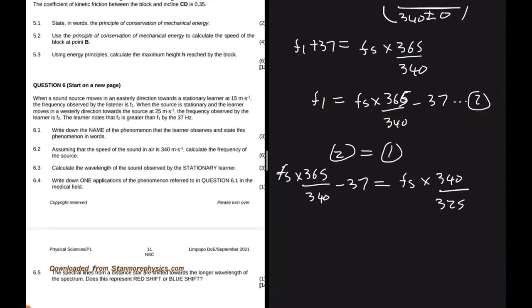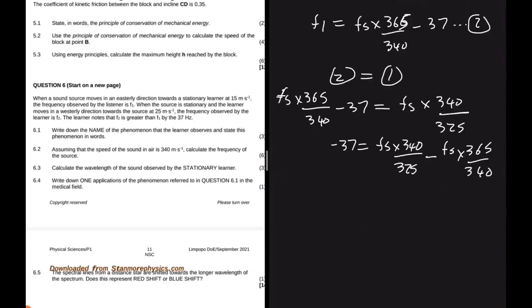So we're going to have minus 37 equals Fs multiplied by 340 divided by 325 minus Fs multiplied by 365 divided by 340.